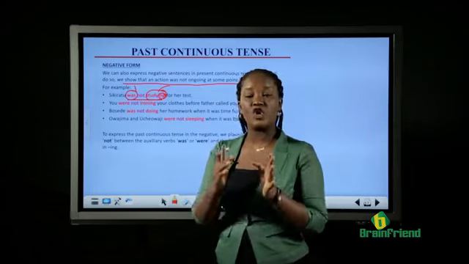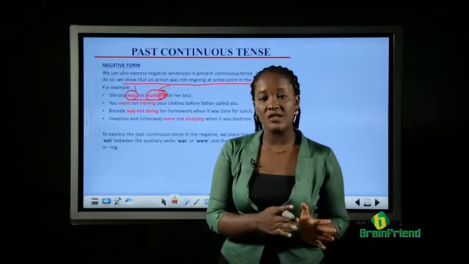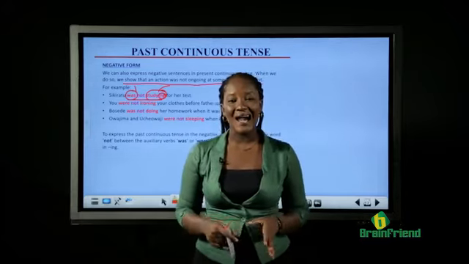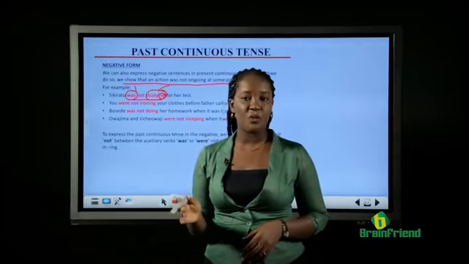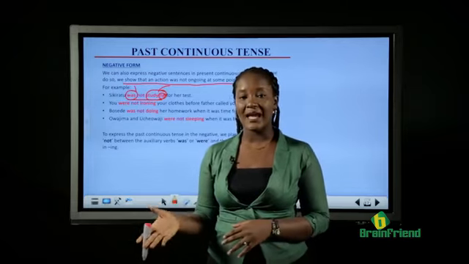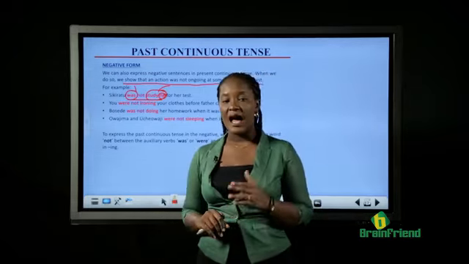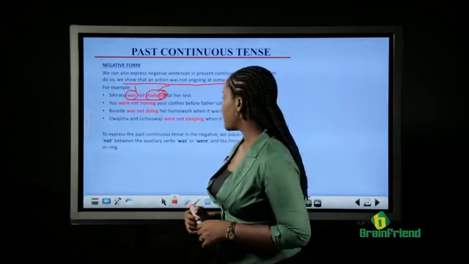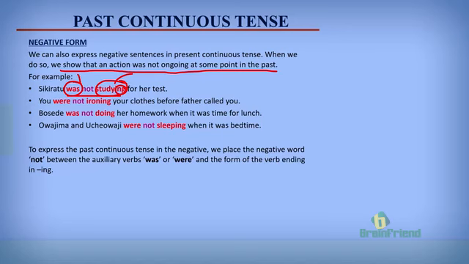We must have the auxiliary verb was or were, that is the past tense form of the verb to be, and the present participle form of the verb which ends in ing. So these two factors are key when referring to past continuous tense. But the only difference here is that we find the negative word not, which is the case whenever we make negative sentences. We must have the word not in the sentences.